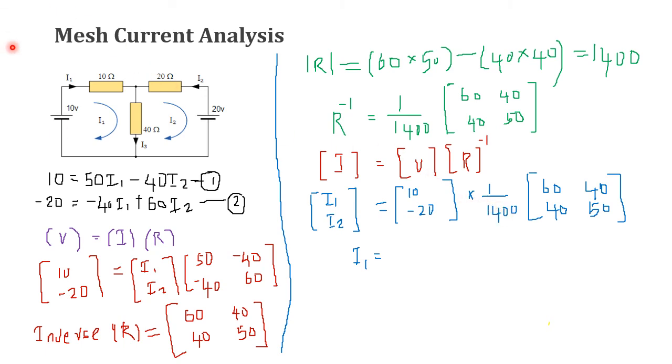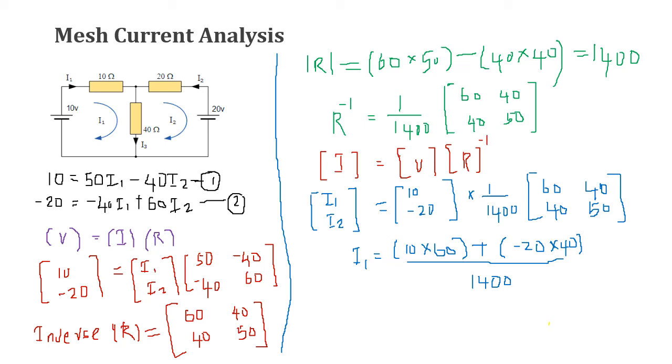Therefore, I1 will be equal to 10 into 60 plus minus 20 into 40, where minus 20 should be multiplied by 40, over 1400.